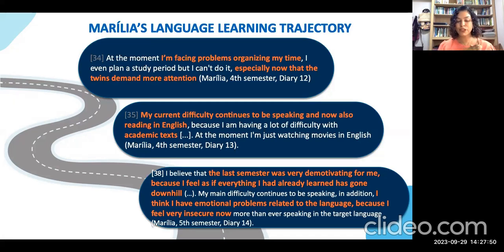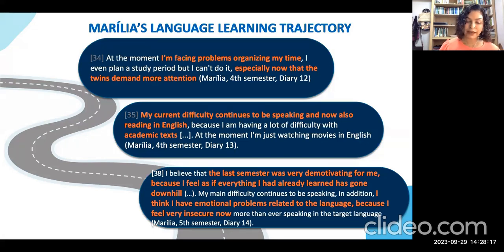Besides the difficulty to organize an agenda of studies, it's also difficult for her to reflect and make appropriate choices regarding the best strategies to use. She prefers to use strategies she's already comfortable with, like watching movies, that are not necessarily helpful to improve her speaking skills and academic reading. And she cannot see any improvements, so she lacks motivation.